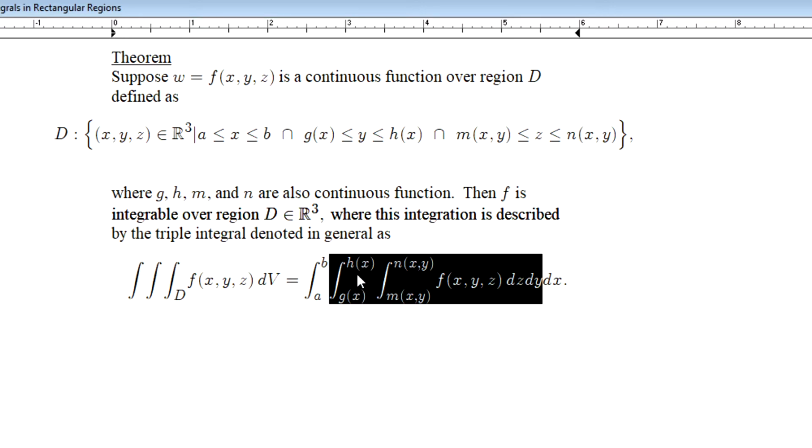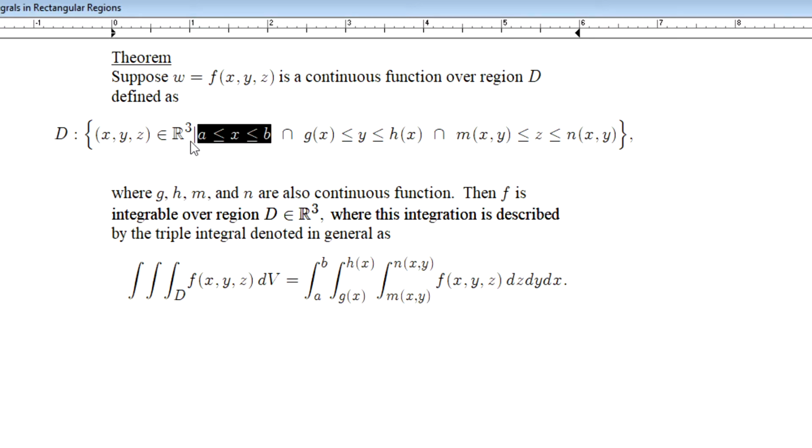That is what we might say is our middle integration, with respect to y. And then our outermost integration, the last integration in our iteration, would happen with respect to x, where x occurs across these bounds from a to b, across this constant set of bounds.